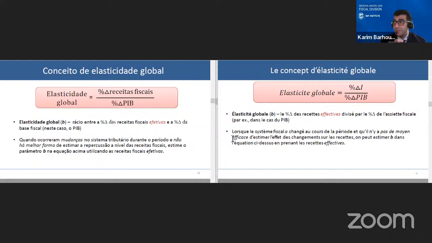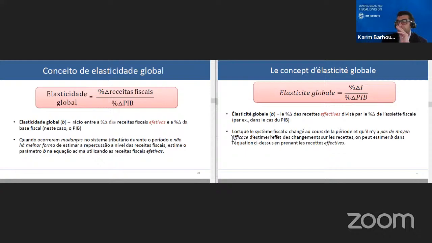So here the buoyancy is the percentage change in actual revenue divided by the percentage change in the tax base. Here, for example, you can take the GDP. Meaning that your buoyancy reflects both the elasticity of the tax system and any change in the tax system that occurred through a discretionary action by the tax administration.